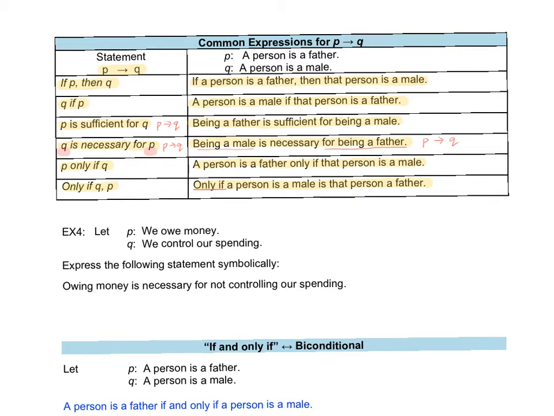Person is a male was Q, person is a father is P. This was Q, this was P. But since I had an only if in front of it, it still switched the order, P arrow Q. It can get confusing, because there are many ways to say the same thing in the English language, but symbolically these are all exactly the same.